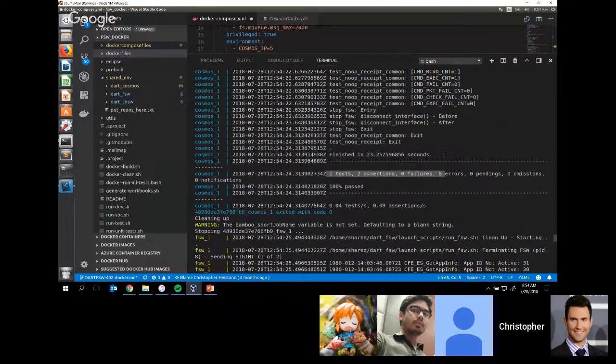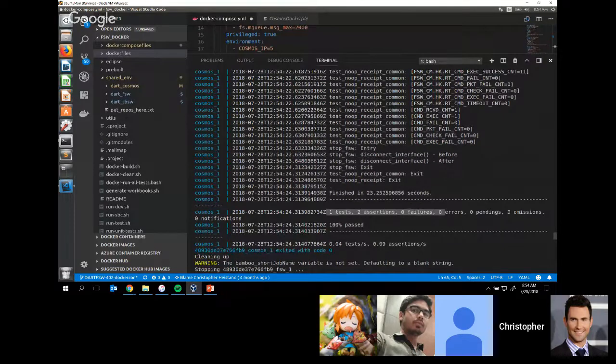It gives you essentially a framework where you can send commands up to the testbed, through the testbed to flight software, and get telemetry back and check it. By using this, we're able to have automated tests for Cosmos that we can use in Bamboo.